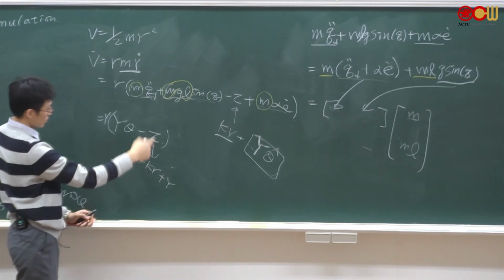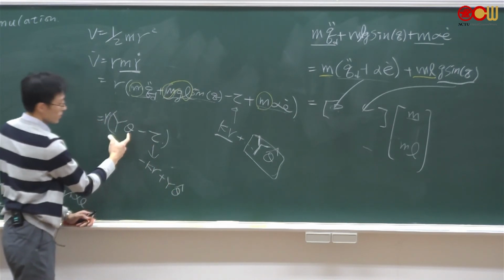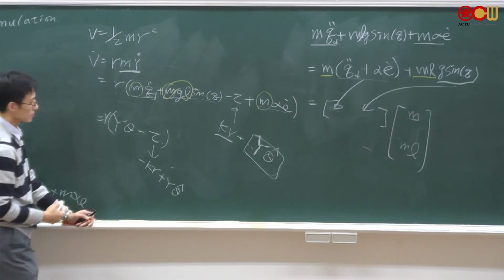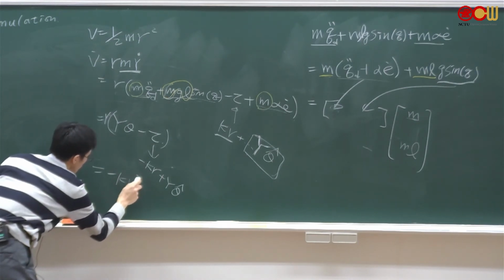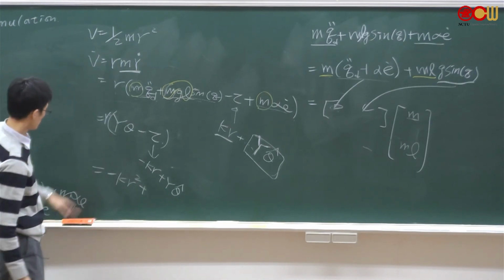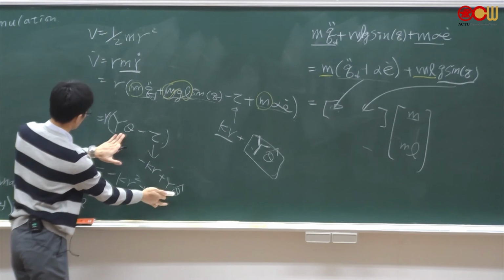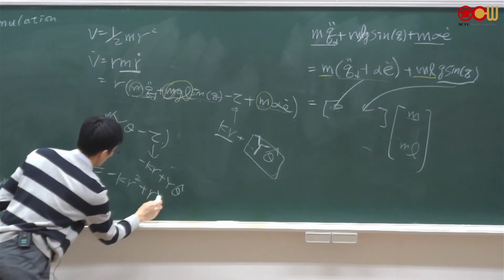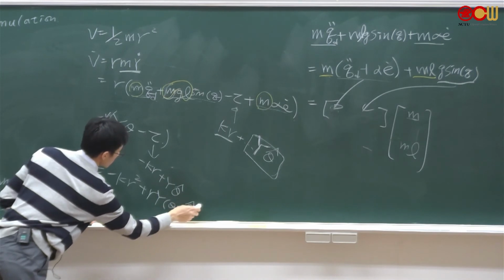Y is known, and times some estimate of these unknown terms, okay? That gives me minus kr squared plus what? Plus the difference of these two terms, right? So that's r y theta minus theta hat.